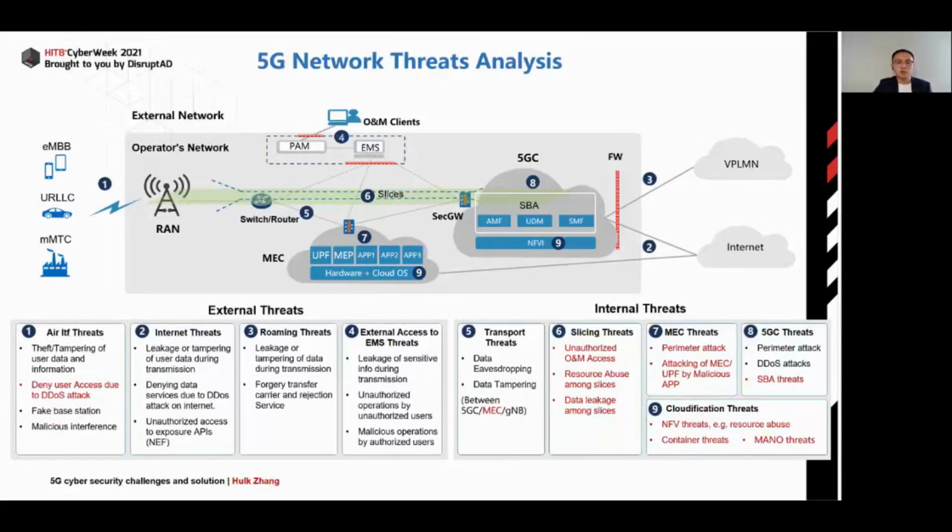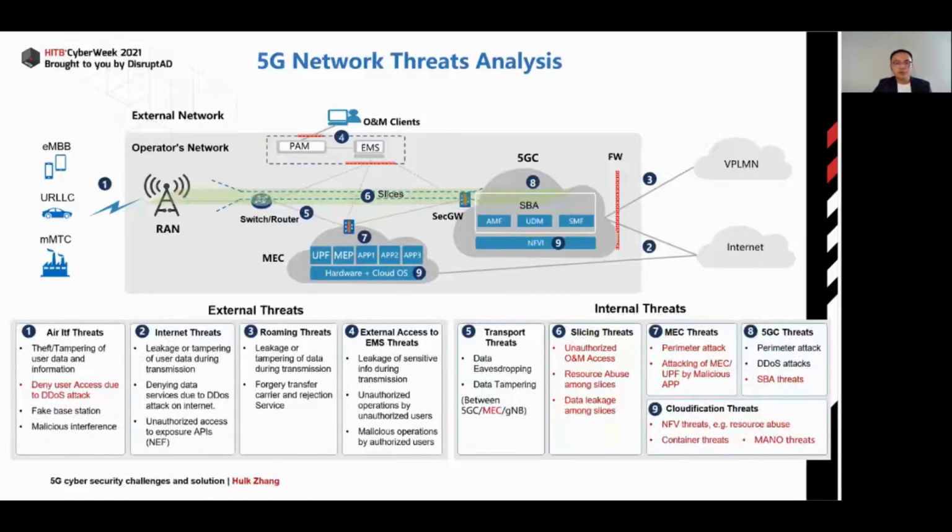So the security of the connection among MEC and other network components is threatened. And for the slice, this is quite a representative and newly introduced component in the 5G network. The threats are unauthorized operation and management access, resource abuse among slices, and data leakage among slices.